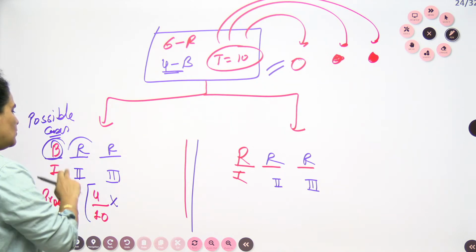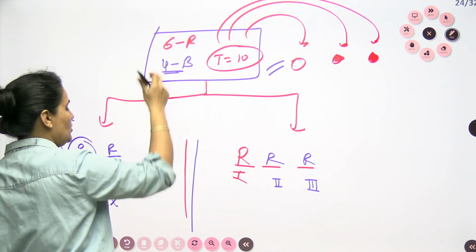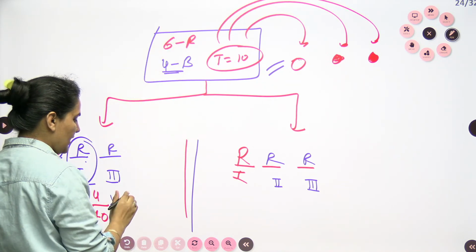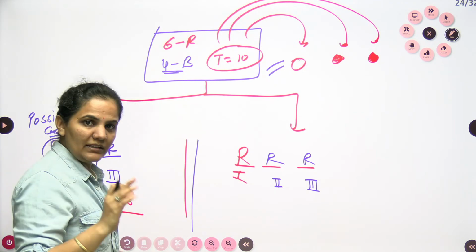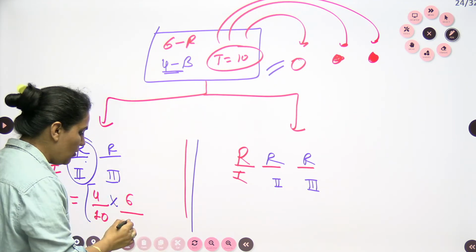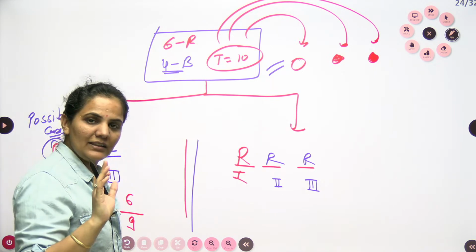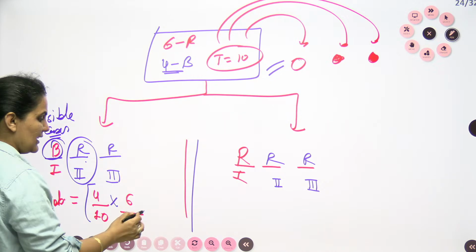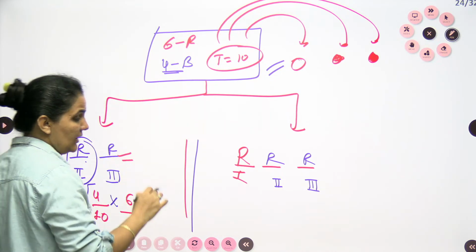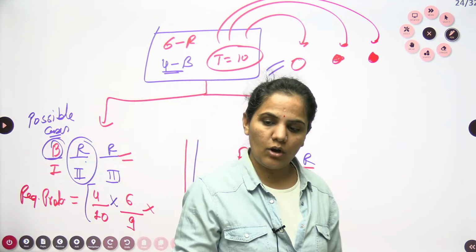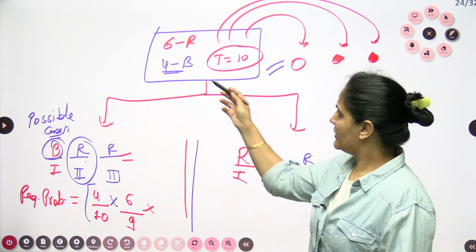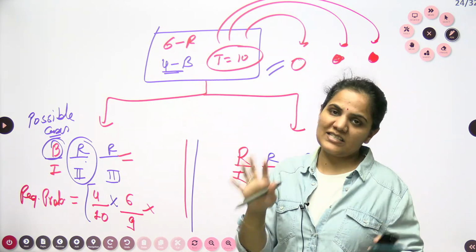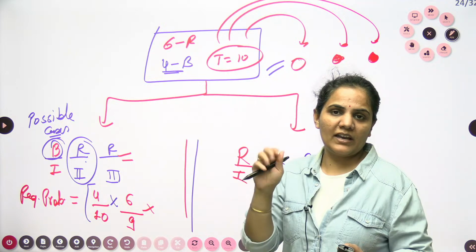Now in the second draw you want a red ball. We are having 6 red balls. Overall in the box we now have only 9 balls, because 1 is already taken. So we go with 6 by 9 for the second red ball. For the third red ball, earlier we had 6 red balls, but now in the box we have only 5.